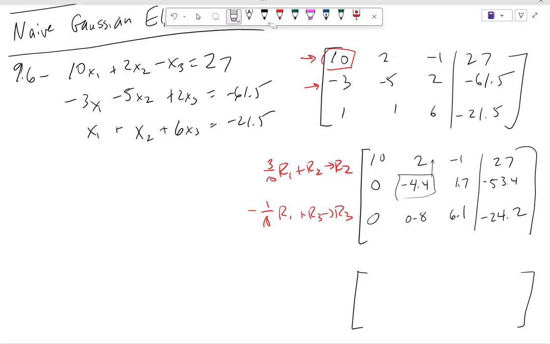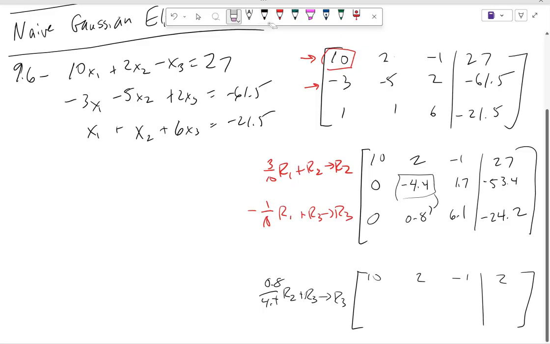Yeah, okay, we don't need to go that way. We just need to go the other way. Sorry. We just need to go this way. Yeah, good. 0.8 over 4.4. Good. Exactly right. And then times row 2 plus row 3 and replace row 3, right? Yeah, we're only going to do the Gaussian part. We're just going to make it lower triangular.